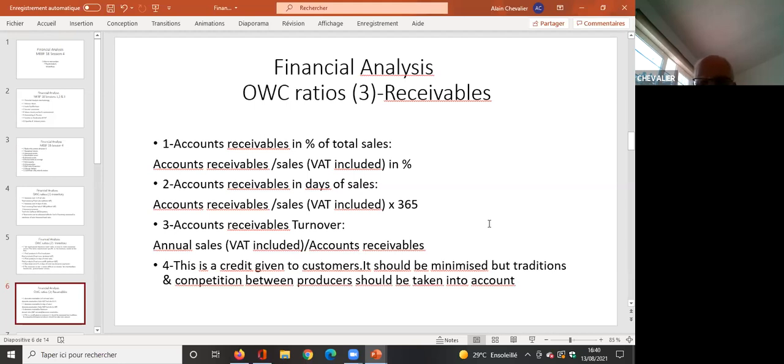For example, if you have in the balance sheet 30 of account receivables and the total sales are 120, VAT included, you will divide 30 by 120, which is 25%, multiply by 365, and you will get something like 46 or 47 days. But it will be 46 or 47 days of sales, VAT included.